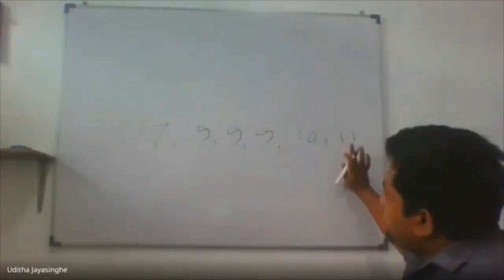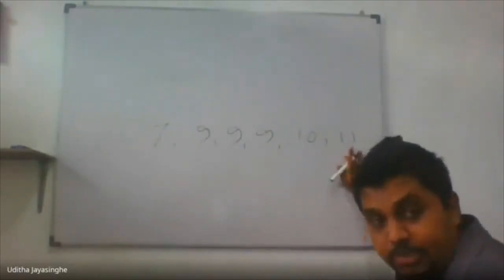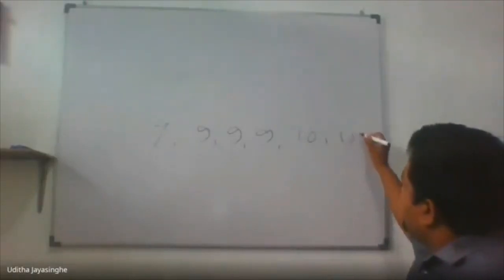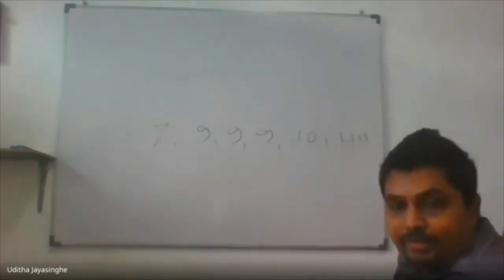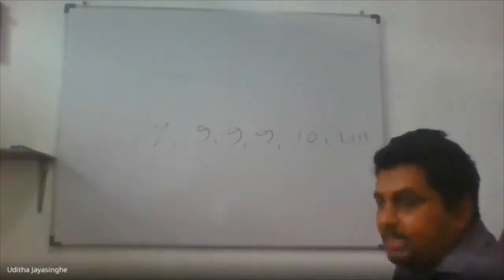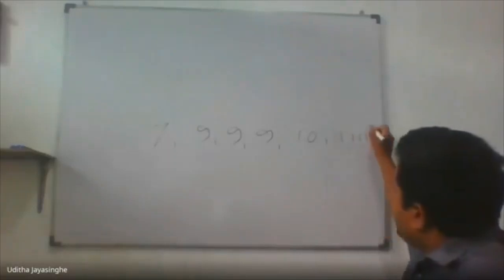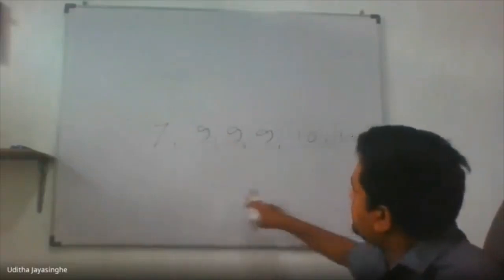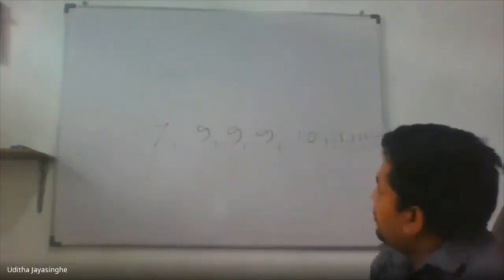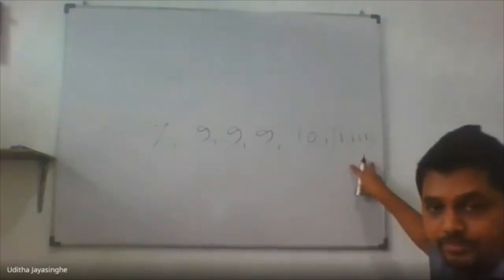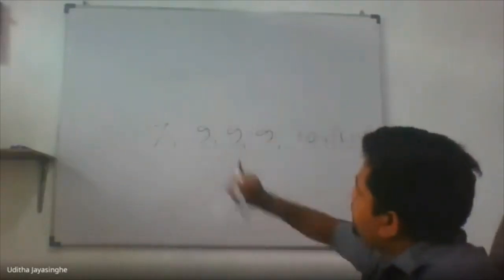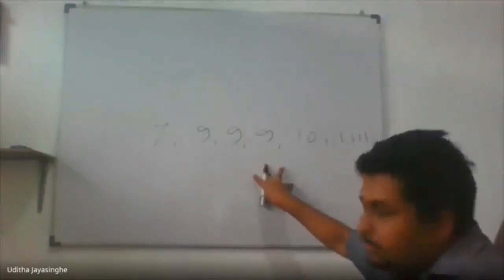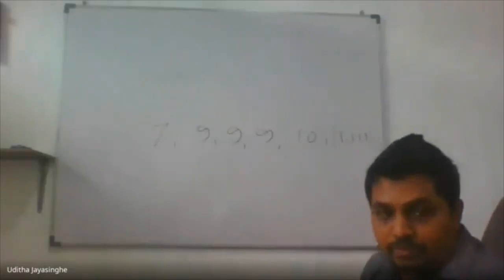Instead of 11, I'm going to change this value to 1111. This is one particular number. If you look at these numbers, 7, 9, 9, 10, they are all towards 0, while this number is in the thousands. But still, if you are asked to represent this number set using one central tendency indicator, you will still select 9 as the mode.